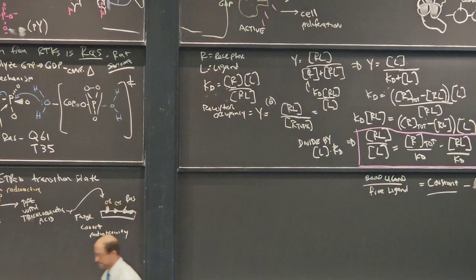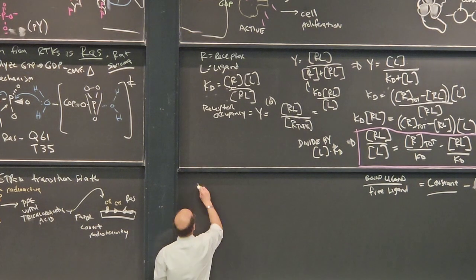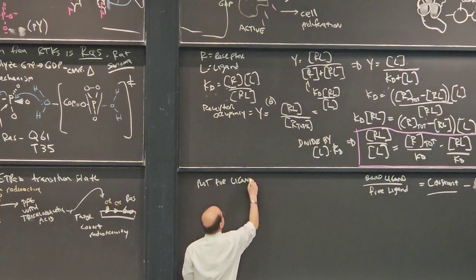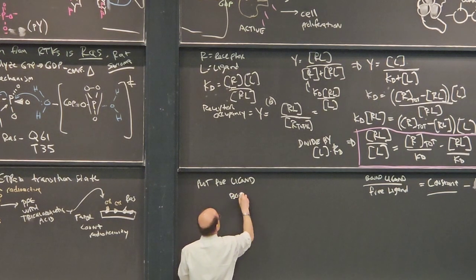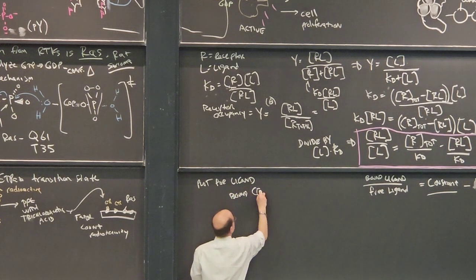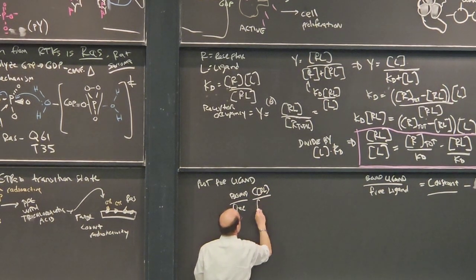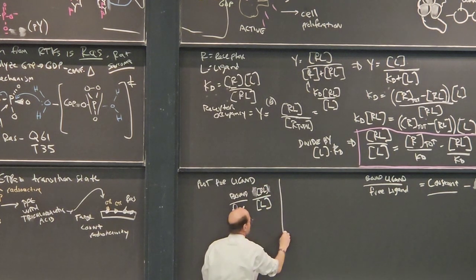And so now I'm going to make a new plot. Now what I'm going to do is plot ligand bound over free. That's RL over free, on the y-axis.